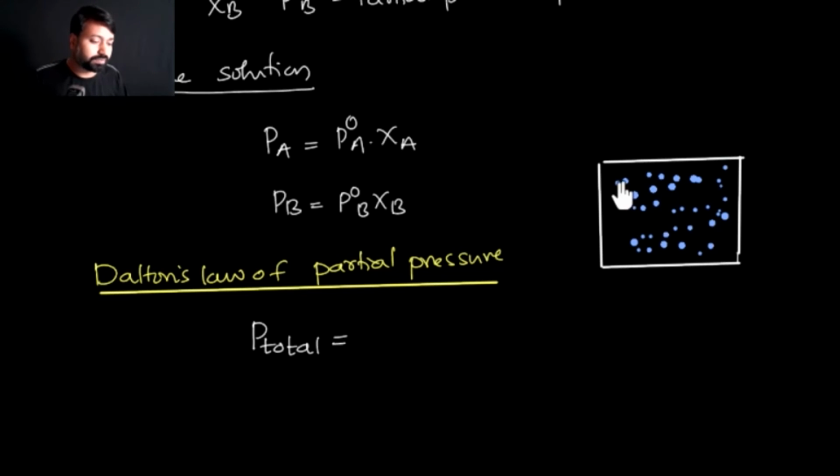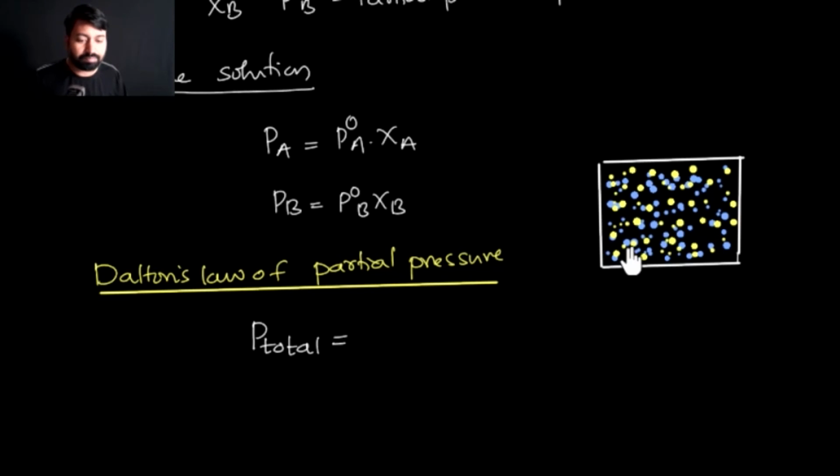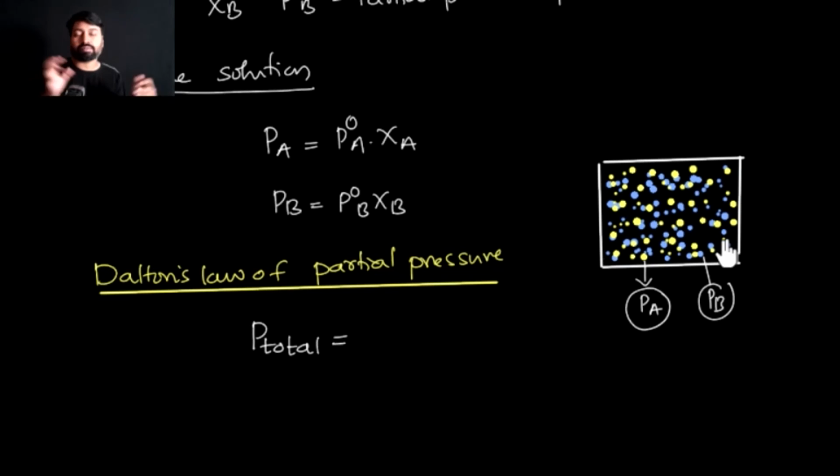These are the gas molecules present in a container, and along with them some other gas molecules are also present, so there is a homogeneous mixture. The yellow gas molecules produce the pressure of A, and the blue ones produce the pressure of B. The total pressure in the container is the sum of the partial pressure of A and the partial pressure of B. Means you have to sum up all the pressure produced by the individual gases.